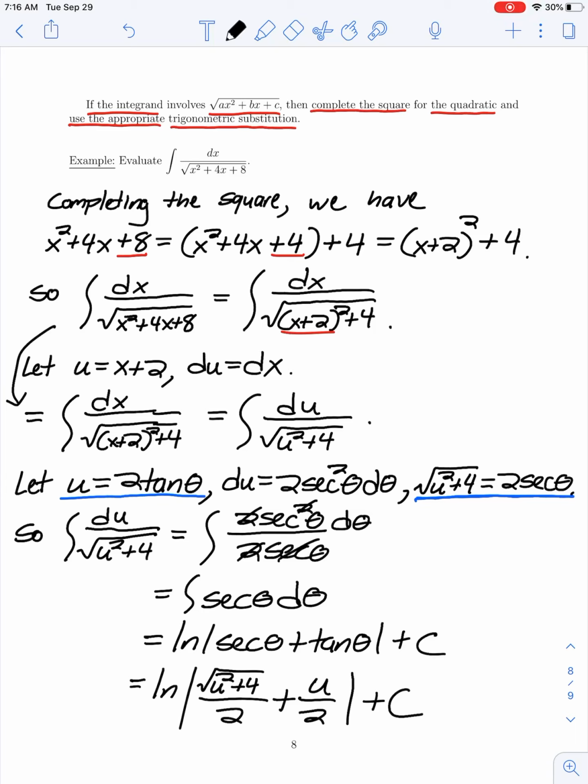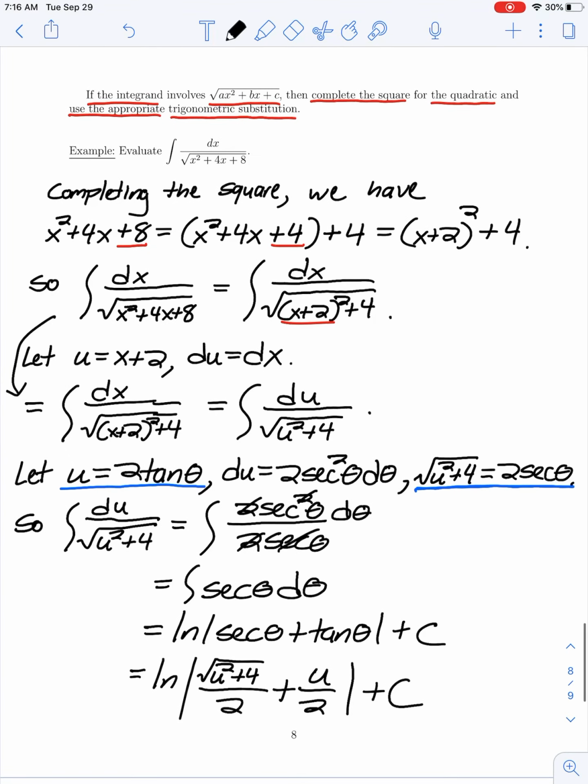Or going back to an answer in terms of x, because remember we initially made a u substitution where u was equal to x plus 2. So if we want to go back to an answer in terms of x, let's substitute u back in. So we will have the natural log of absolute value square root of (x plus 2) squared plus 4 over 2 plus u.